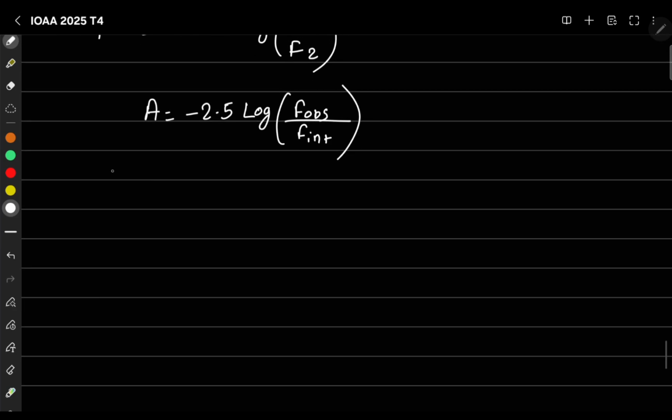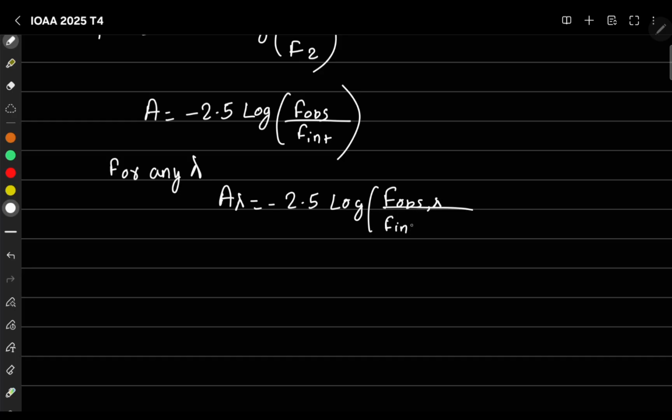You can write this for any wavelength: A_λ equals minus 2.5 log of f_observed at that wavelength over f_intrinsic at that wavelength.